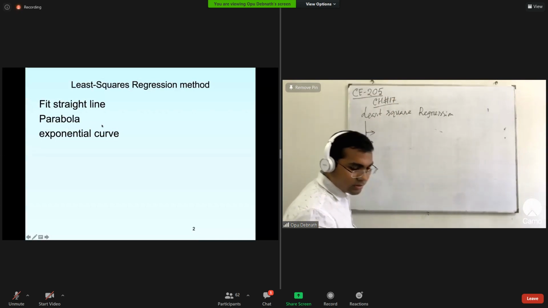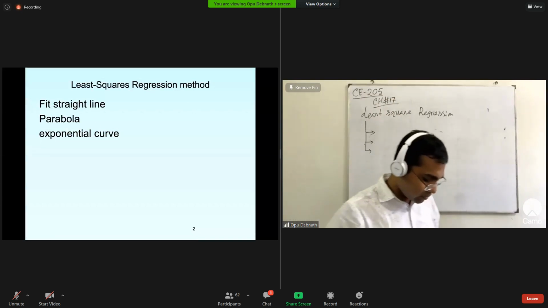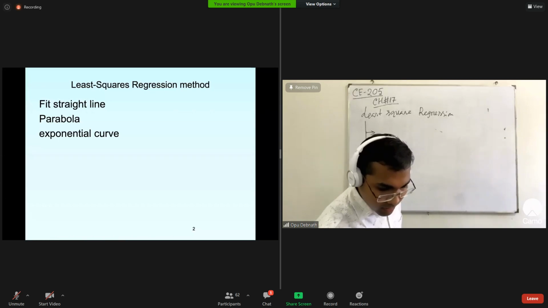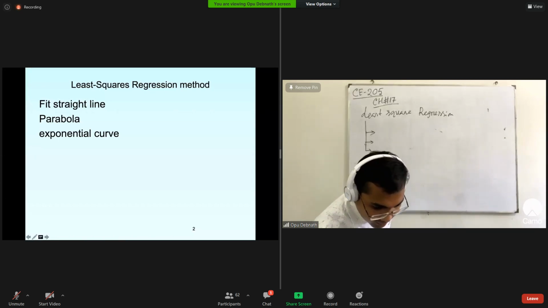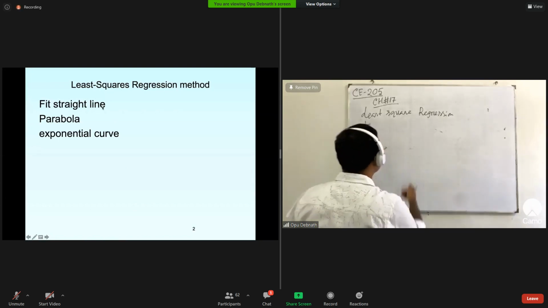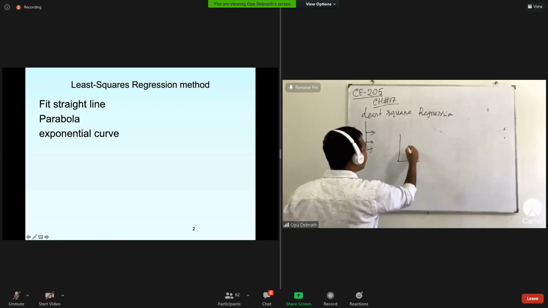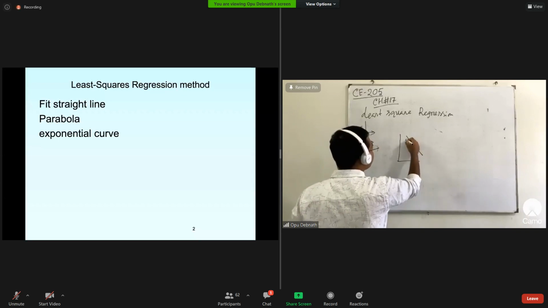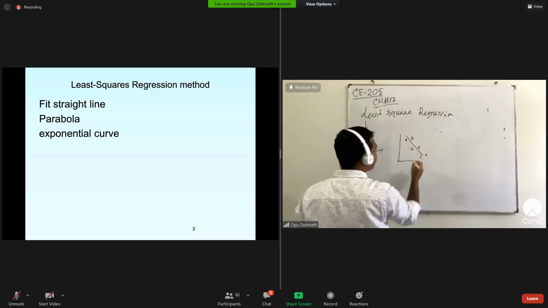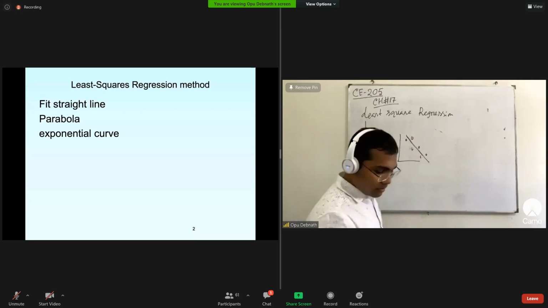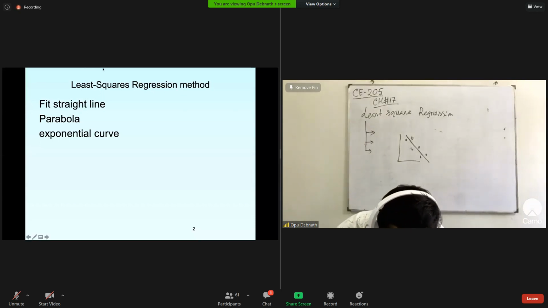In that, there are actually three methods we started. The first one is the straight line fitting. In straight line fitting, we know how, given a set of data, to set a best straight line by numerical methods.